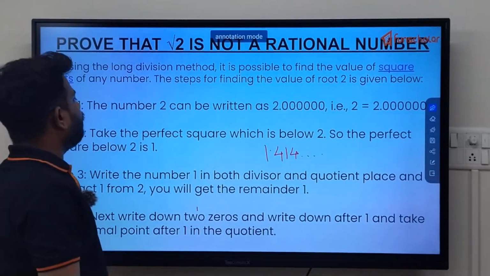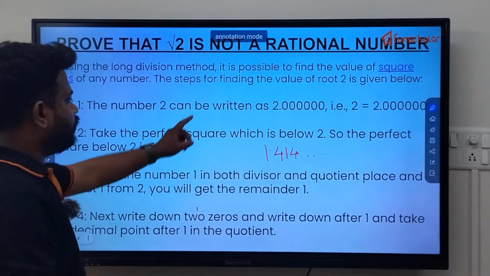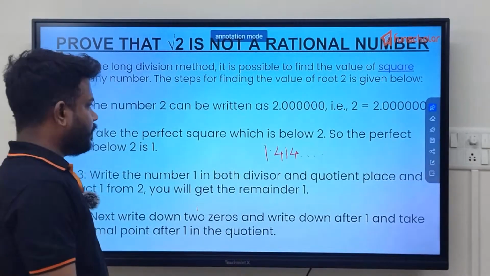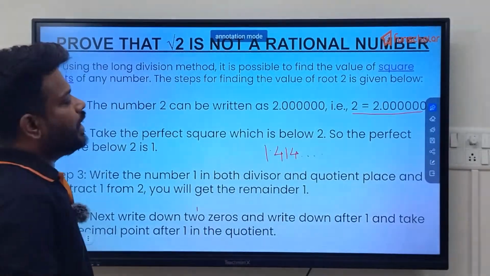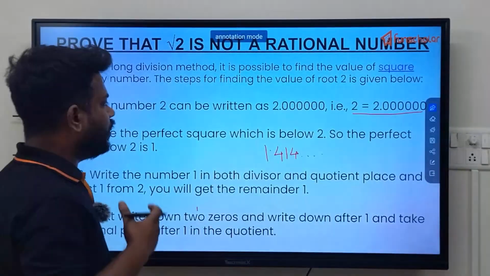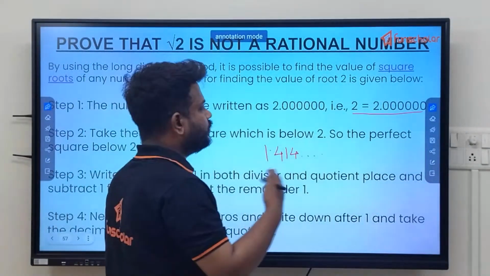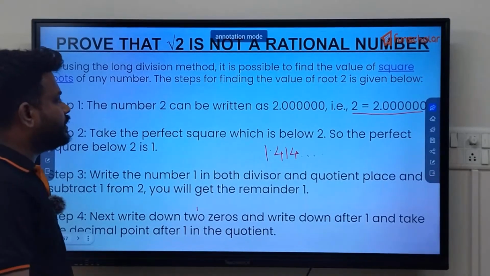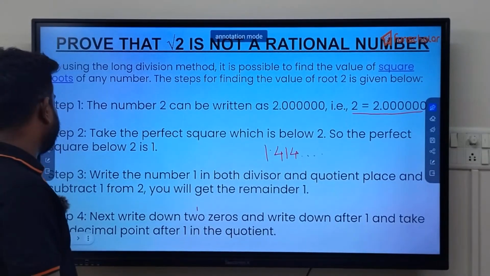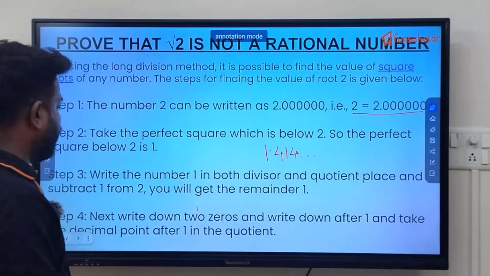The number 2 can be written as 2.000 because 2 means 2 point, with so many zeros, and we know that zeros after the decimal point don't have any value. Step 2, take the perfect square which is below 2. The perfect square below 2 is 1.